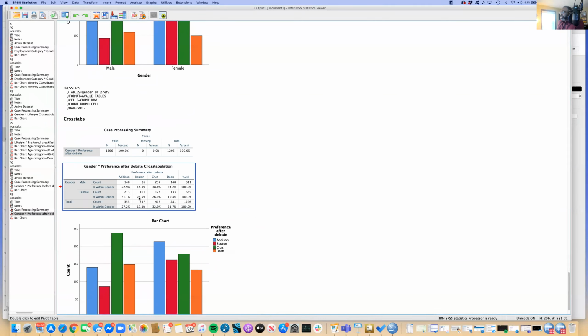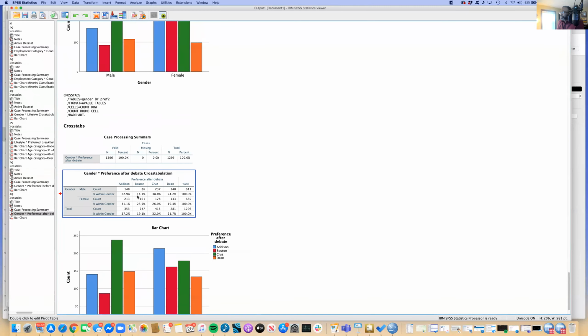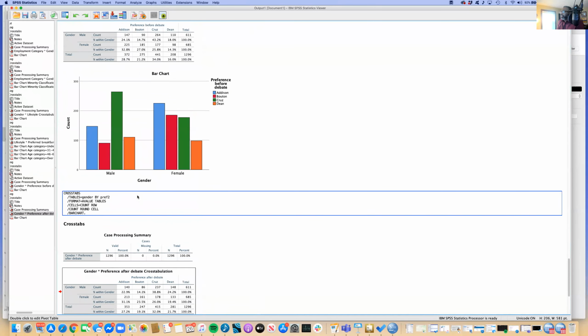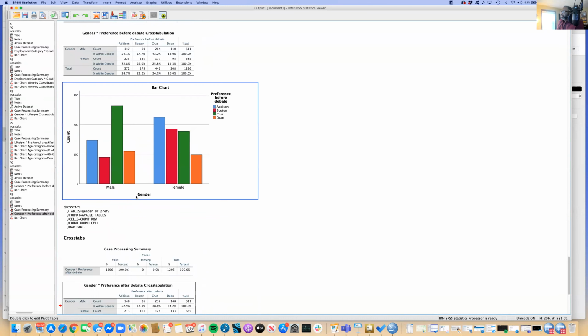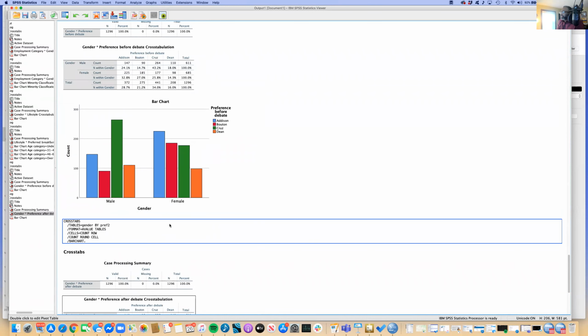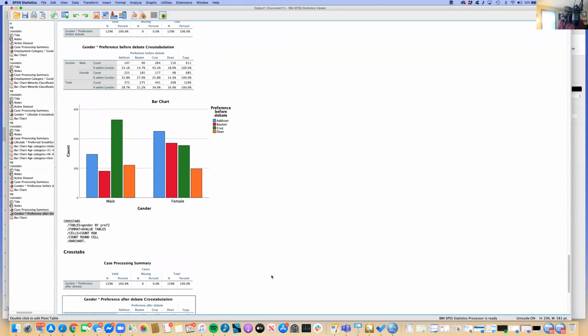Let's go ahead down the line here. 161 for Bolton, which brings his percentage to 23.5, and this is again after the debate. What happened with Bolton before the debate and after the debate, with females? Decrease.